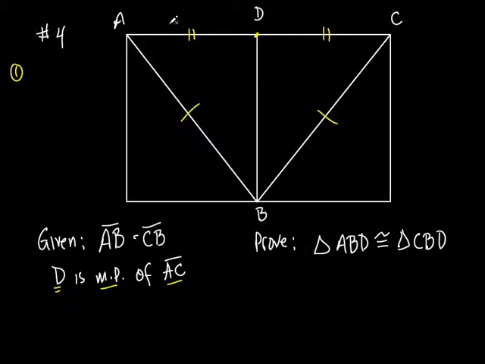As far as the triangles being congruent to each other, side, side, side. That was 1. What was the second way we were able to prove triangles congruent? Good. Side, angle, side. Okay.